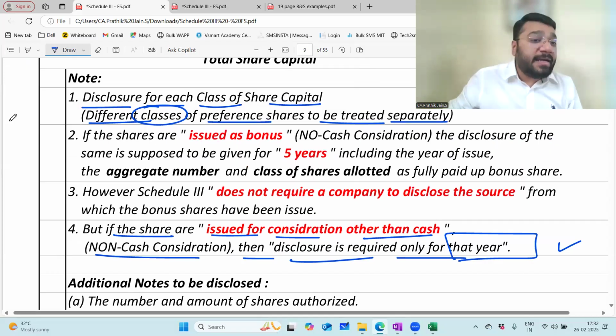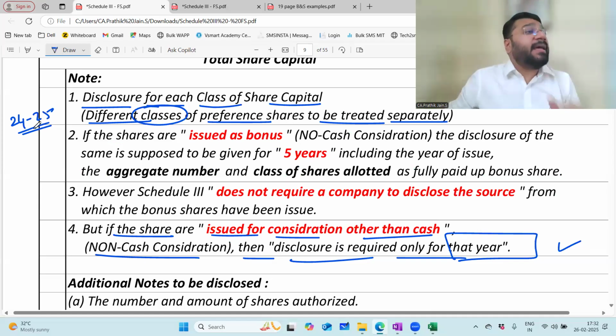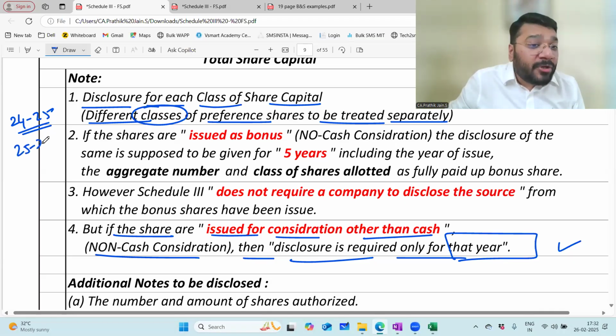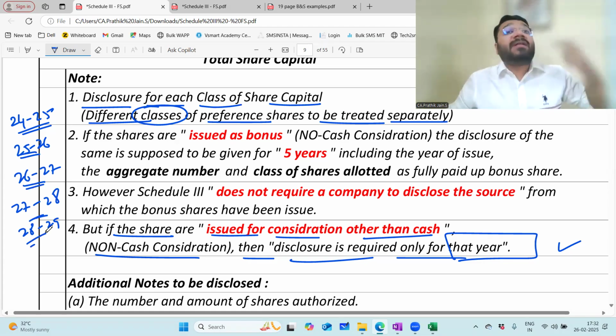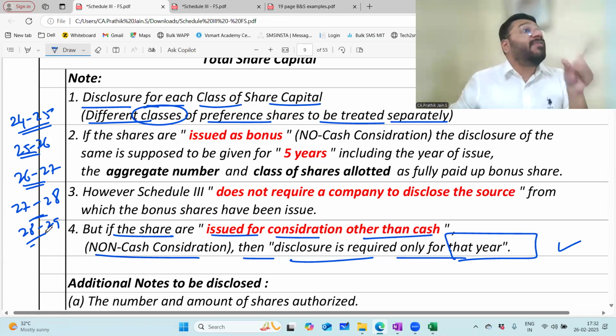We are in the current year 24-25. If I've issued bonus shares in the current year, I have to disclose this information for 5 years including the current year. So the first year of disclosure is 24-25, then 25-26, 26-27, 27-28, 28-29. So 5 consecutive years, including the current year, this information needs to be disclosed in the financial statement.